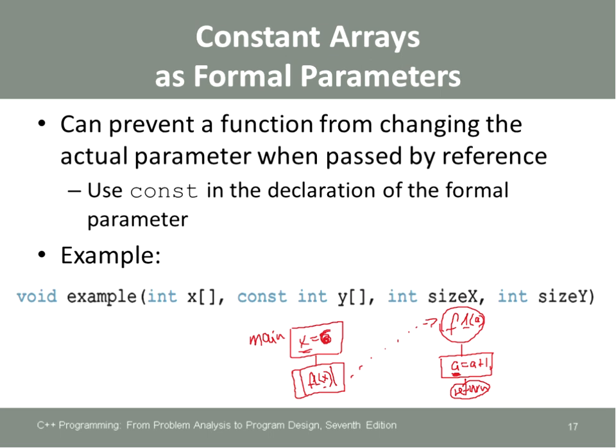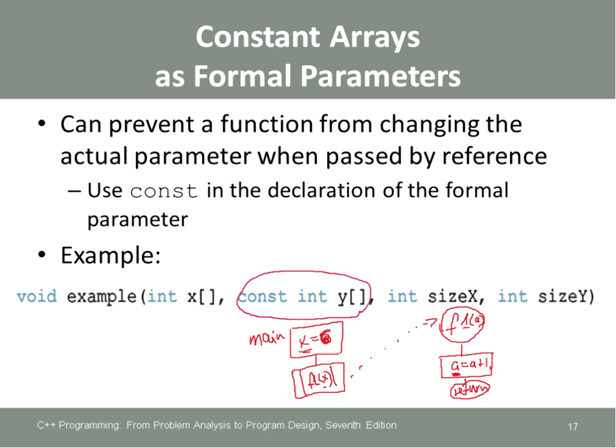So a is referring to the same memory address as x. So when we manipulate the value from the function, it actually manipulates the memory address value, and main is pointing to the same memory address.